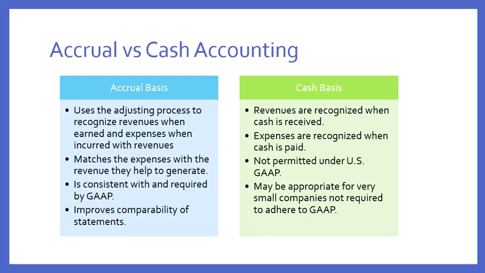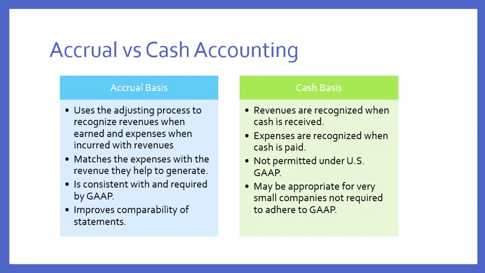So, under the accrual basis, we use the adjusting process to recognize revenues when they're earned and expenses when they're incurred in scenarios in which the cash flow may not fall in the same accounting period.